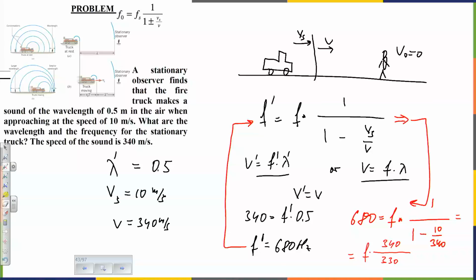Let me just rewrite it immediately here in a more convenient equation for calculating things. That's going to be V minus 0 over V minus Vs. And now we can solve it for that new frequency, and I don't have much space, so I have to do it in my head. 680 over 340, 2 times 330, 660.